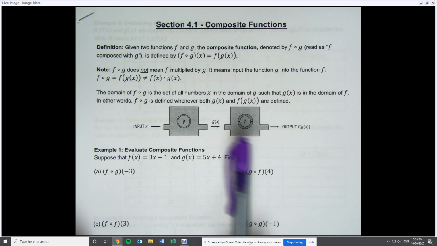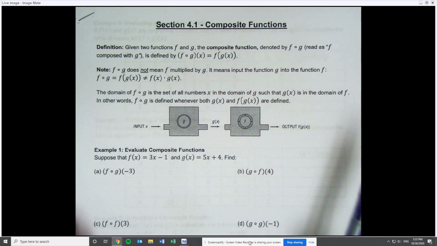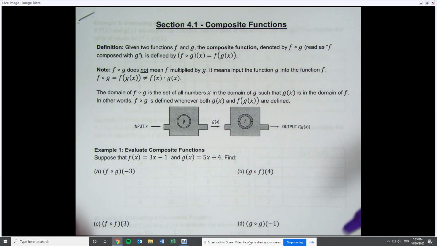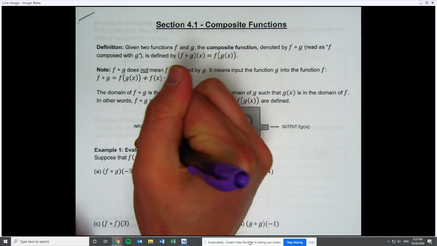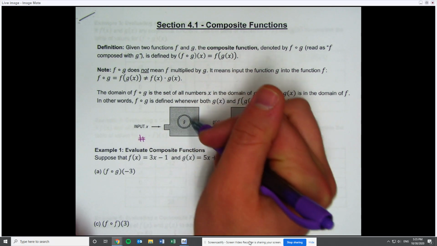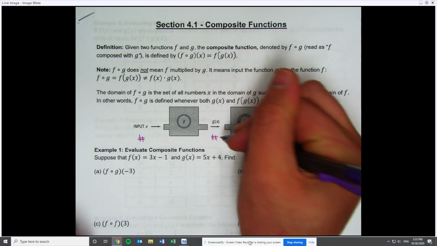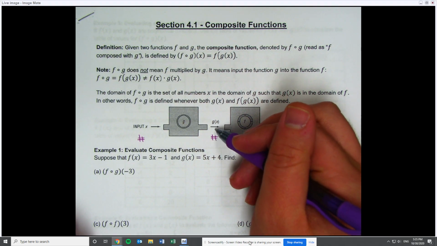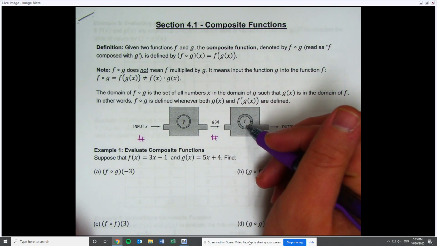So a good way to think about composite functions is as a machine. We know from our discussion about functions that a function takes an input and gives you an output. Your input will be a number, stick it into your function, you get a number out. Now all we're going to do is take the number we got out from our inside function and stick it into the outside function.